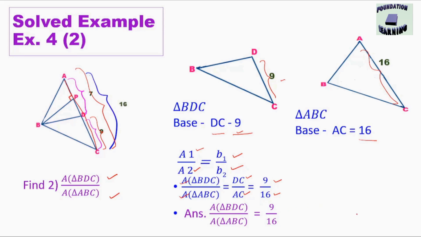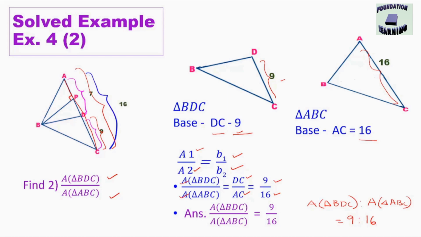So the final answer, actually we are finding the ratios: ratio of area of triangle BDC is to area of triangle ABC is equal to 9 is to 16.